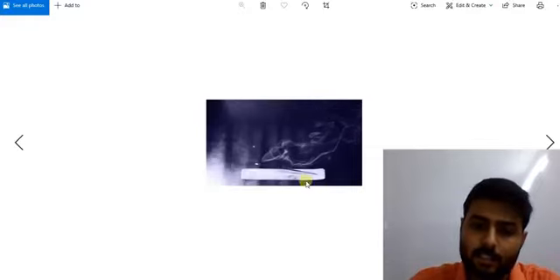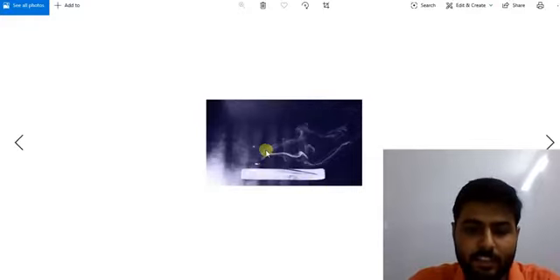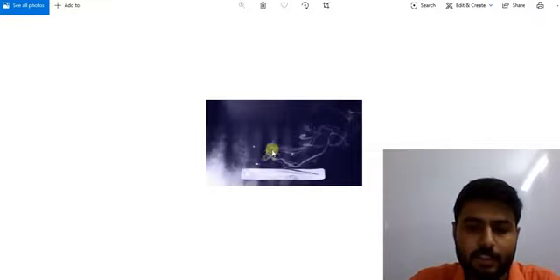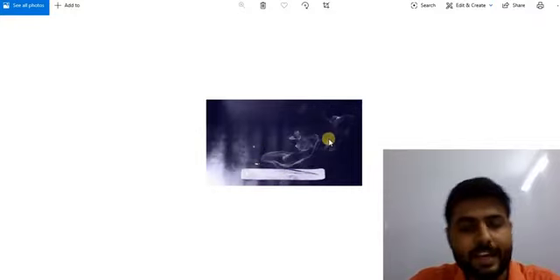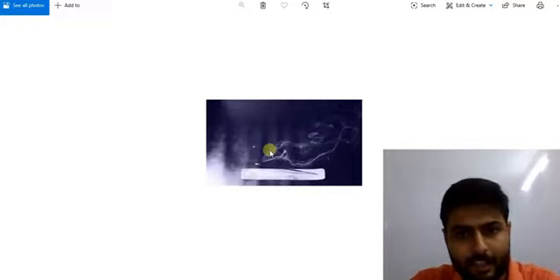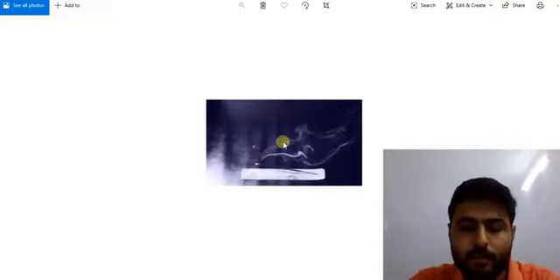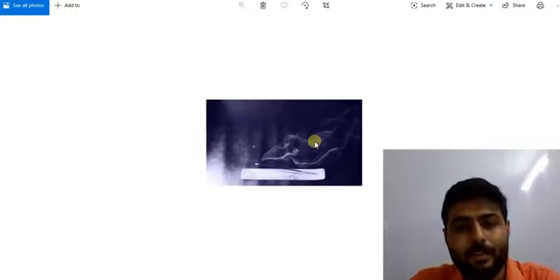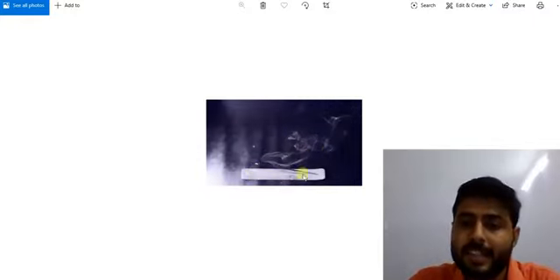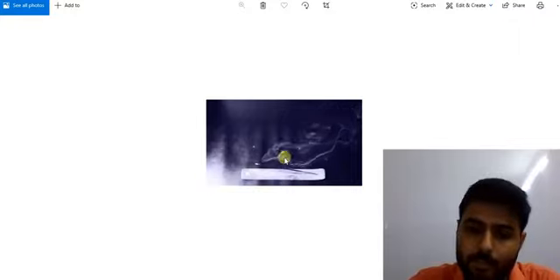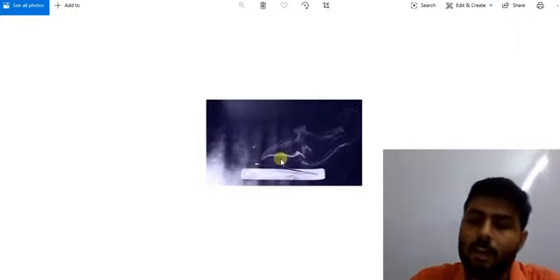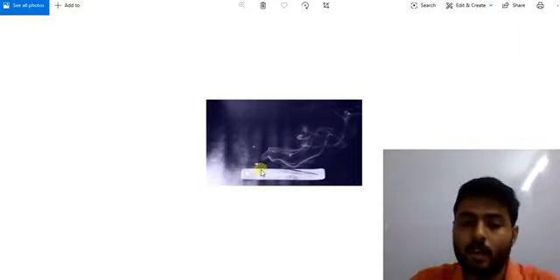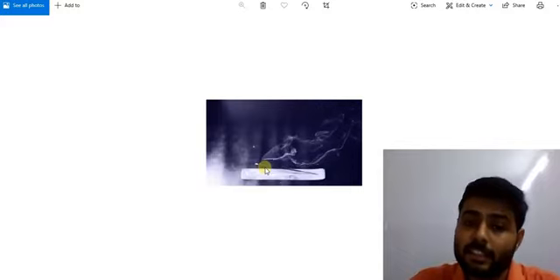These fumes move in the direction of the wind. These fumes move, so they spread the smell. These fumes spread the smell, so we can smell the lit incense stick from a distance.